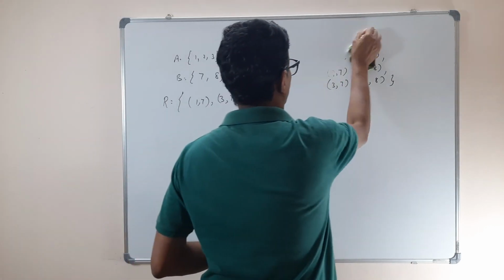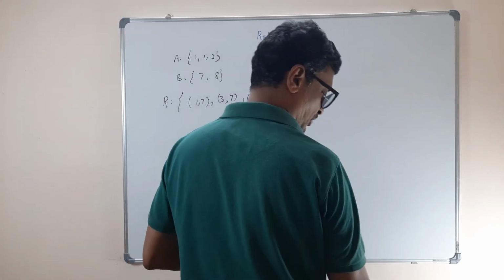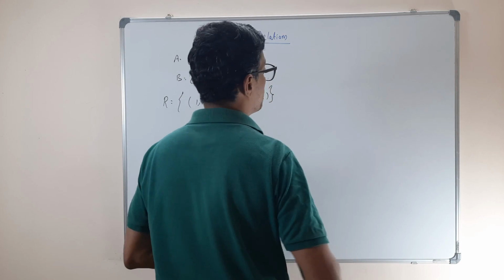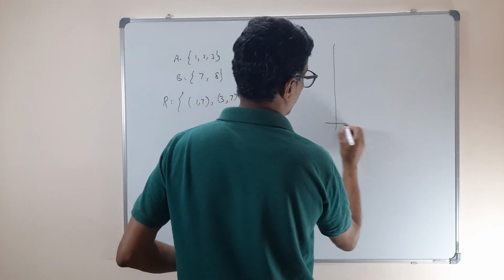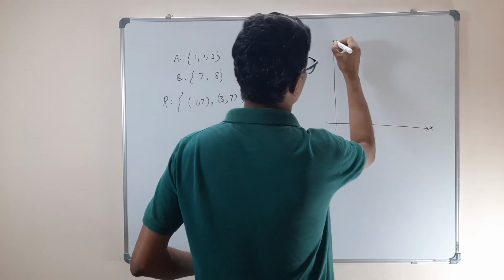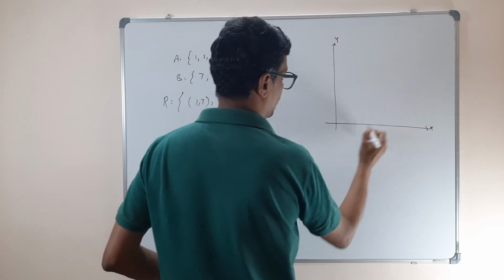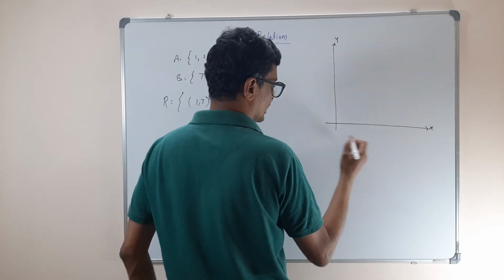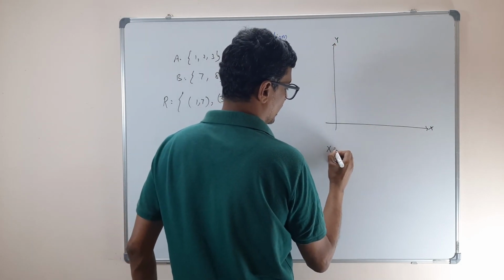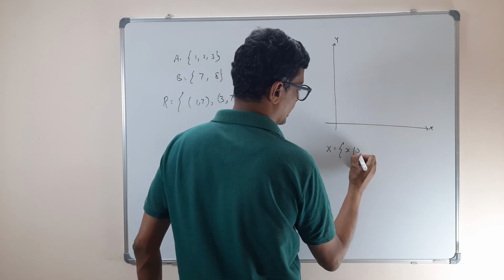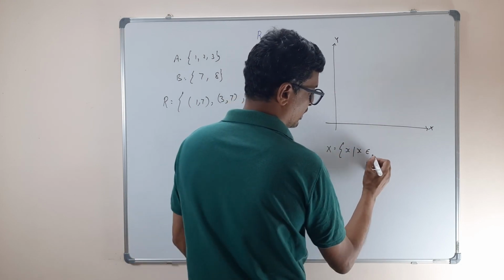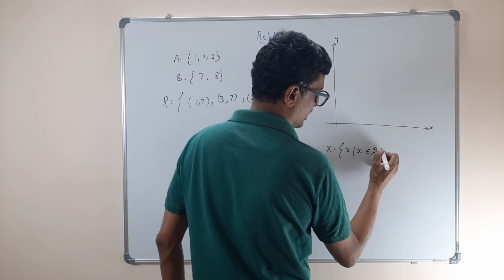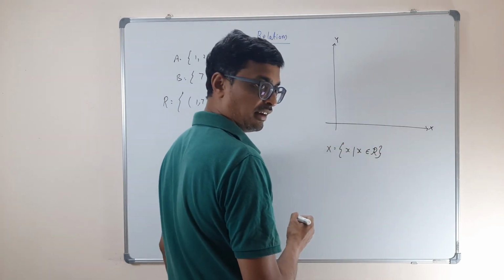Cartesian plane, yes, Cartesian coordinates. Here is your x-axis and this is your y-axis. Can you write the x-axis in set builder notation? The x-axis is {x such that x is an element of R}, any real number.